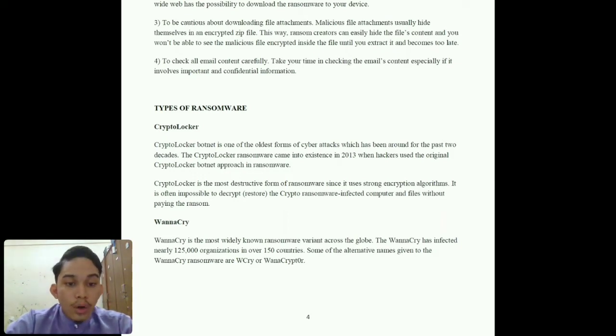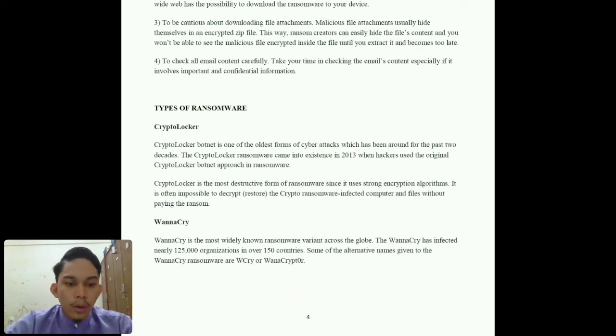CryptoLocker is the most destructive form of ransomware since it uses a strong encryption algorithm. It is often impossible to restore the computer and files affected by crypto ransomware without paying the ransom.